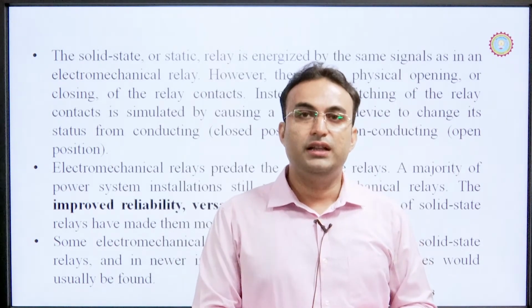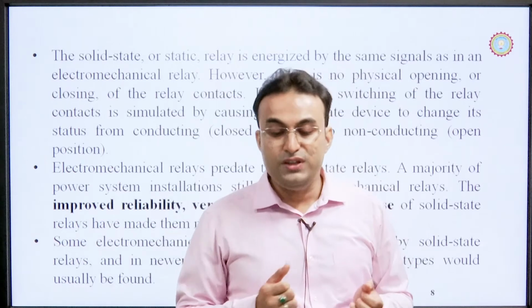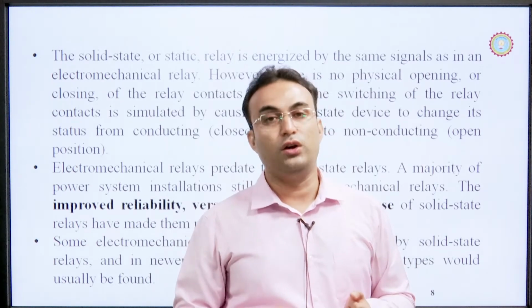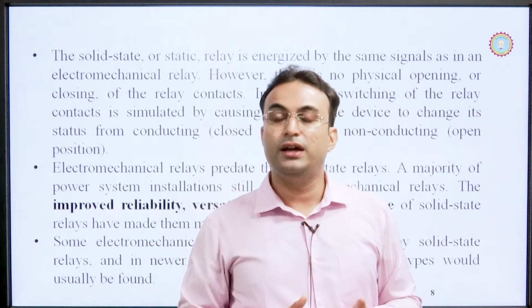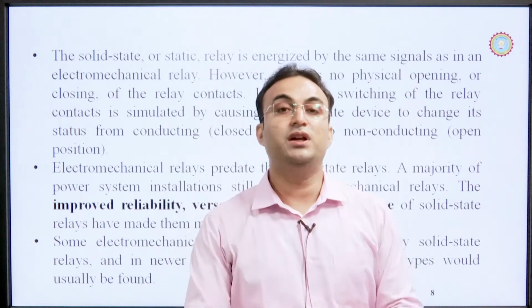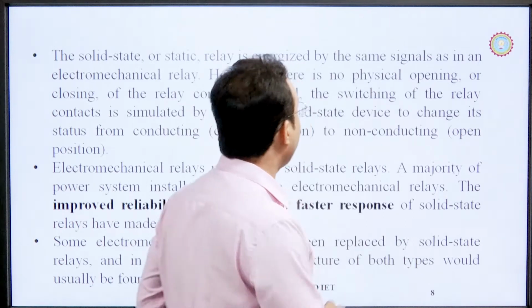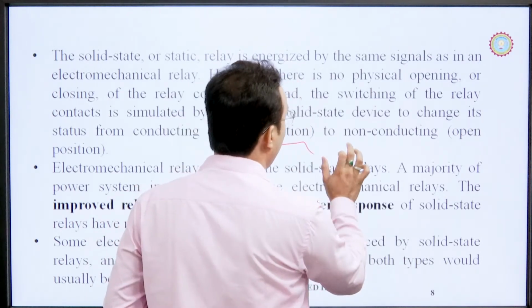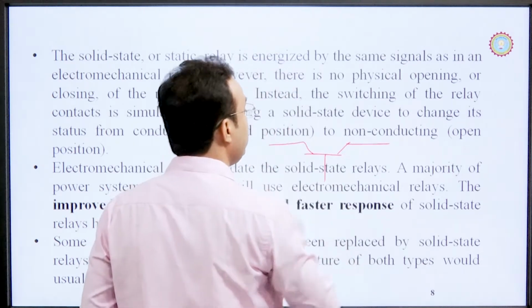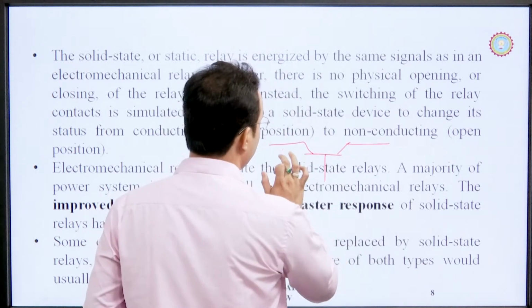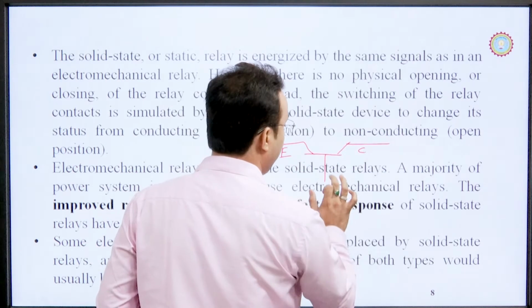However, there is no physical opening or closing of relay contacts, because in solid state relays no physical contact is there. The switching is done with the help of power electronic switches. For example, you can take a BJT, with emitter, collector and base.